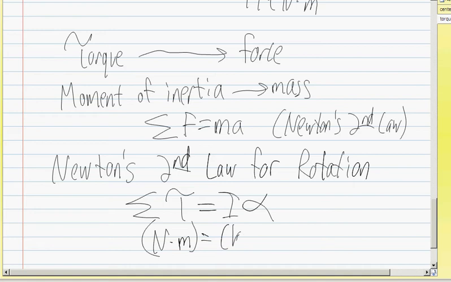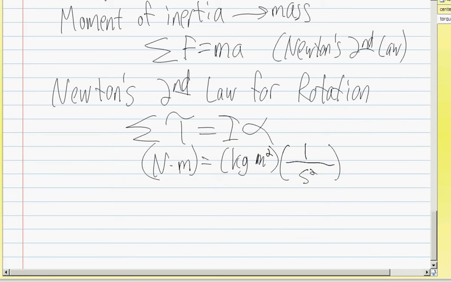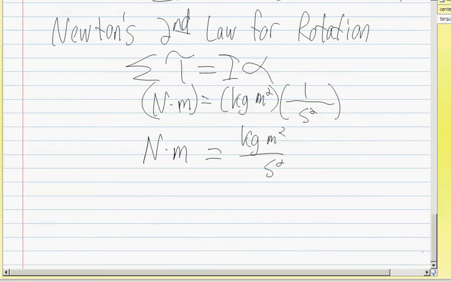This is going to be kilogram meter squared, and this is going to be radians per second squared, which again, I listed as 1/second squared because radians is not a real unit for us. And a kilogram meter squared per second squared is exactly what a Newton meter is. So the units are going to work out swimmingly.